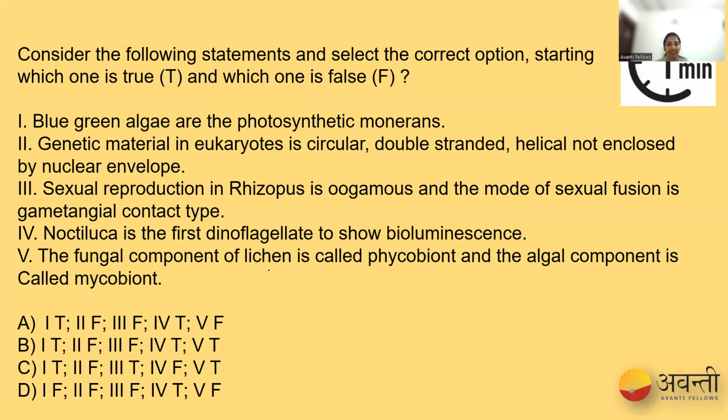Third, sexual reproduction in Rhizopus is zoogamous, and the mode of sexual fusion is gametangial contact type. Fourth, Noctiluca is the first dinoflagellate to show bioluminescence. Fifth, the fungal component of lichen is called phycobiont, and the algal component is called mycobiont. So we have to find out which statement is true and which statement is false.